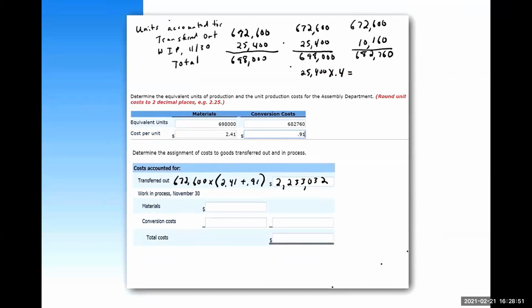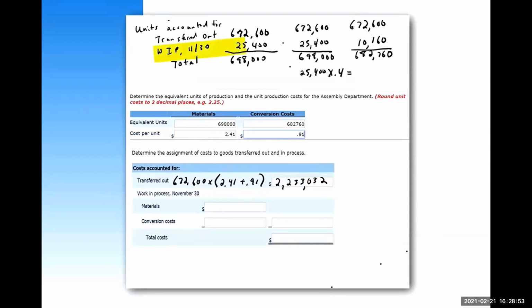Next, we need to determine the costs of the work in process. So first of all, for the materials, again, we can see above that for the work in process, the units to be accounted for in the ending work in process is 25,400 units. And the cost that we previously determined per unit for the materials is $2.41.